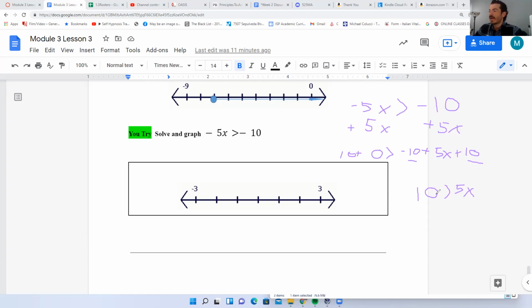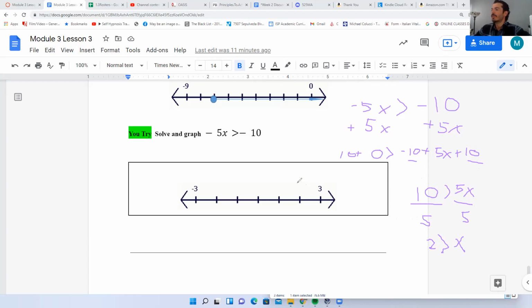But my inequality sign would have still been trying to eat the 10. I'm going to divide by 5. And I'm going to be left with 2 is greater than x, which is the same as saying x is less than 2, right?